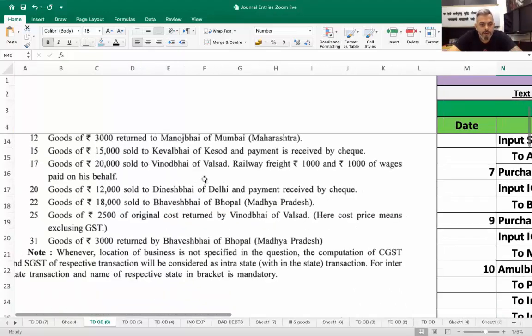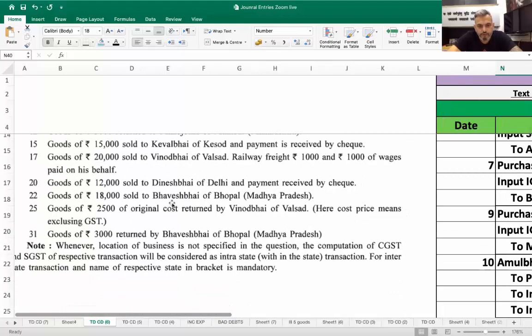Okay. Now goods of 18,000 sold to Bhavesh Bhai of Bhopal.